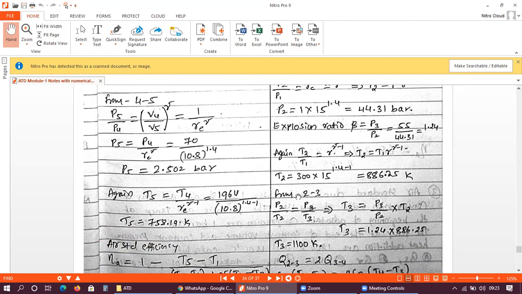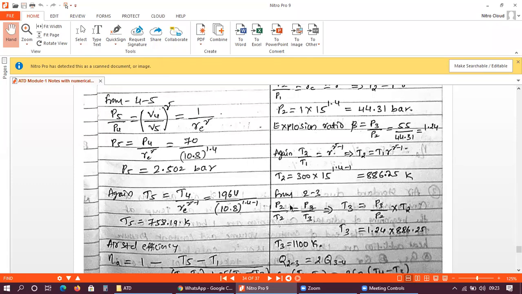Now coming to the process 2 to 3. Again, this relation holds good here. As you can observe, P2 V2 by T2 is equal to P3 V3 by T3.